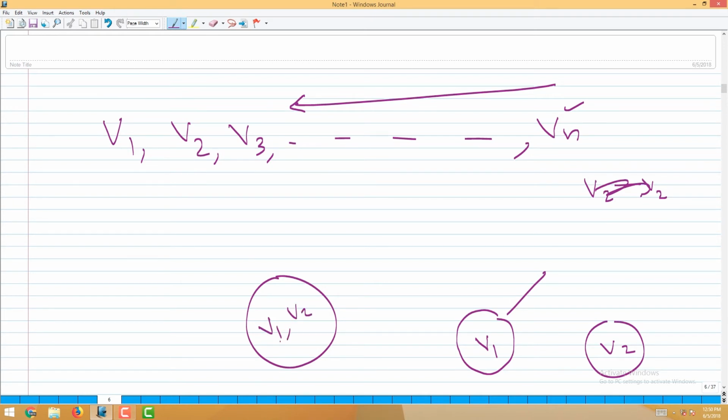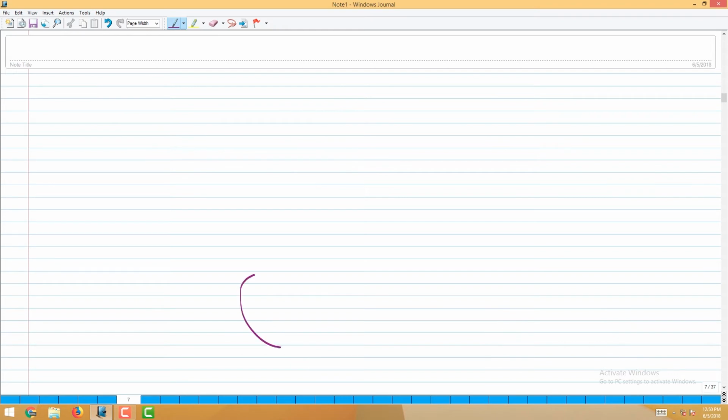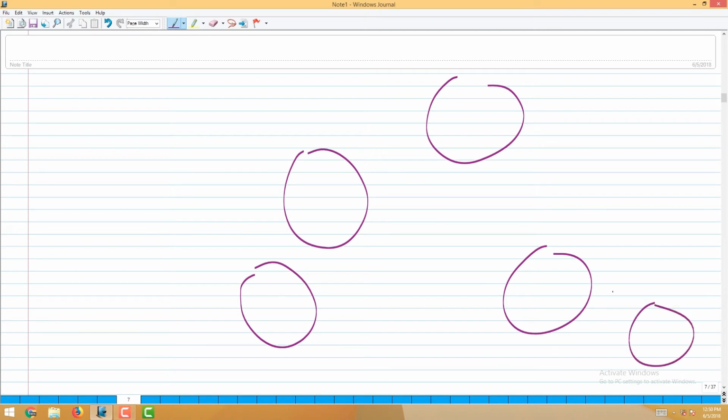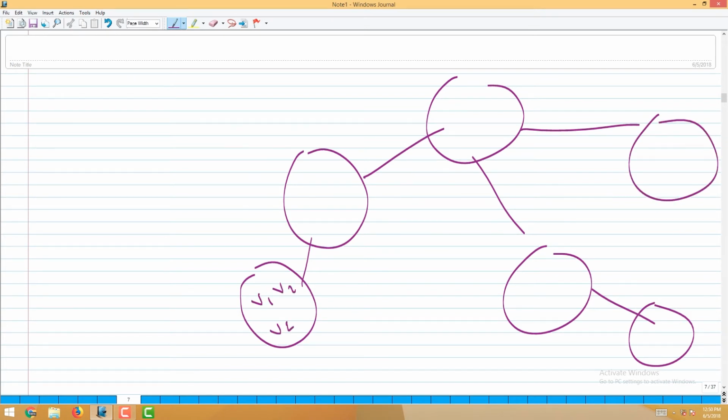So, what I am going to do is construct a tree structure of bags, something like this. In this there will be many vertices, V1, V2, V4, V10, V11 like that, each bag containing several. The property will be that each of these bags will be a maximal clique.